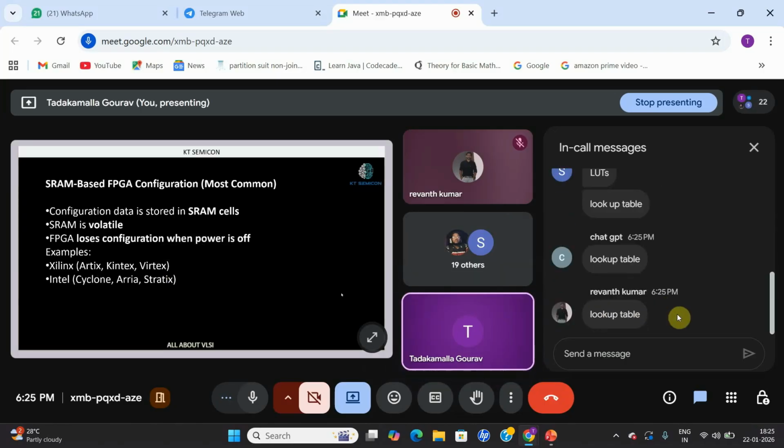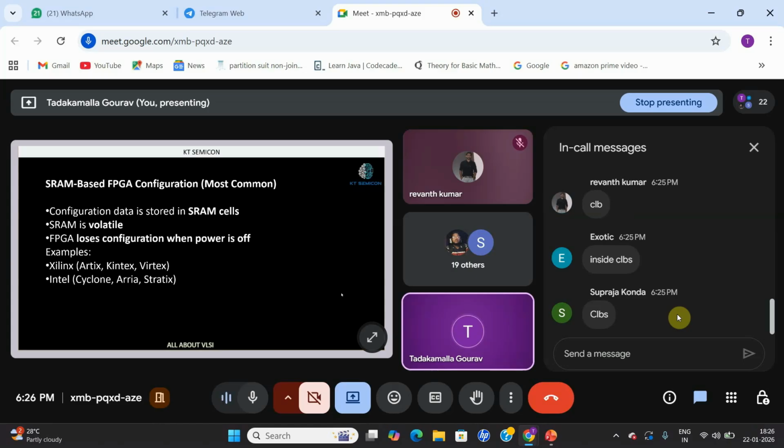So where exactly are these lookup tables present? Inside CLBs. CLBs are nothing but configurable logic blocks, or you can also call them logic elements, right? Yeah. So CLBs contain these LUTs as well as flip-flops for implementing your sequential circuits. And if you want to implement a simple combinational circuit, you just need a simple LUT, right?